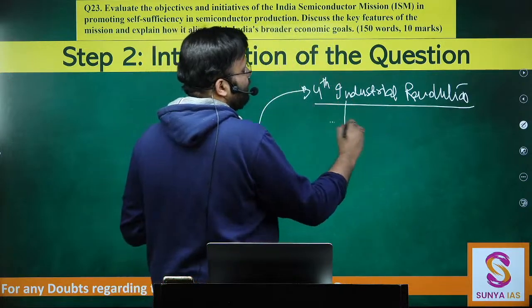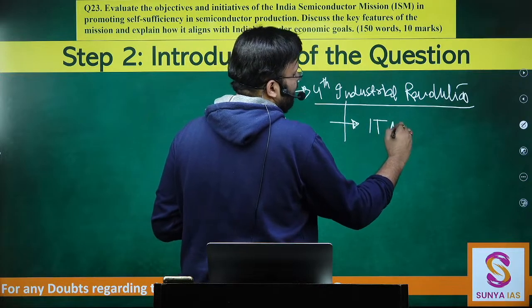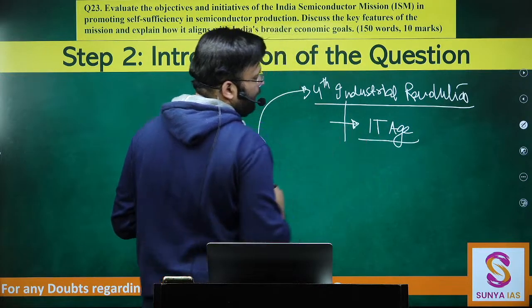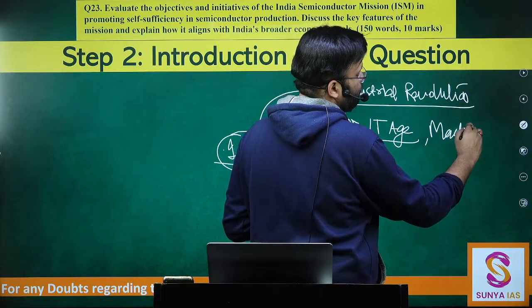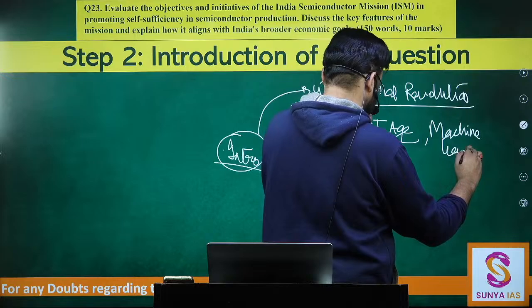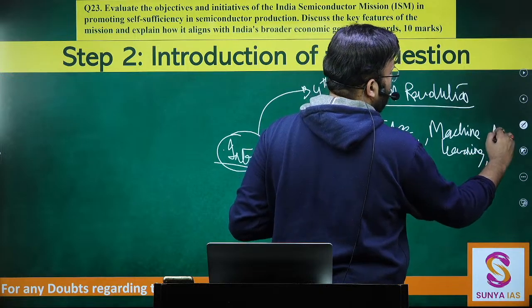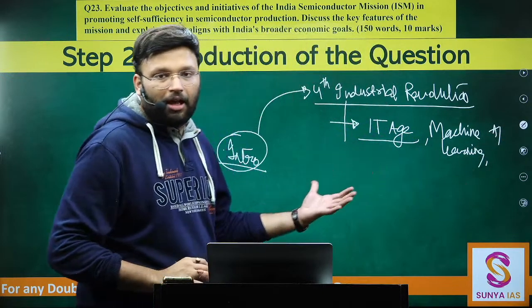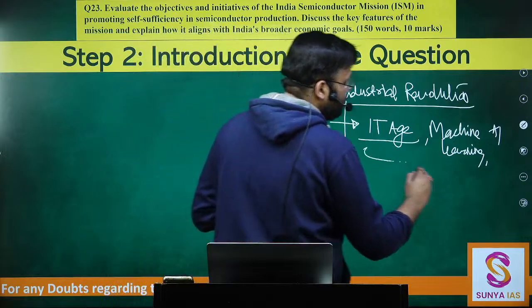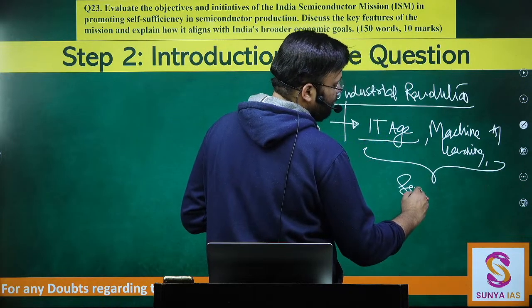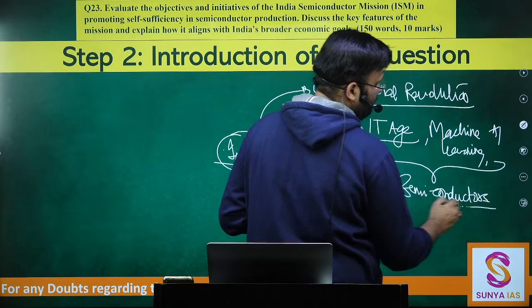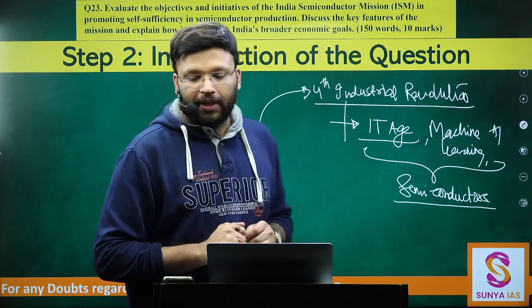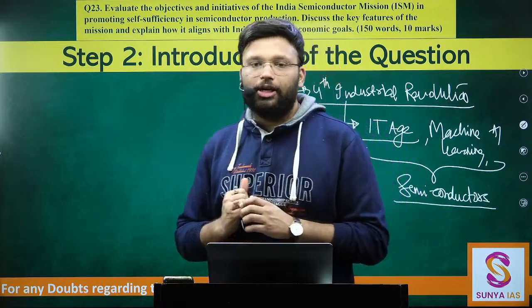The fourth industrial revolution is about the IT age. It is about machine learning. It is about AI. All of this is getting powered by semiconductors. So you can give this kind of context.